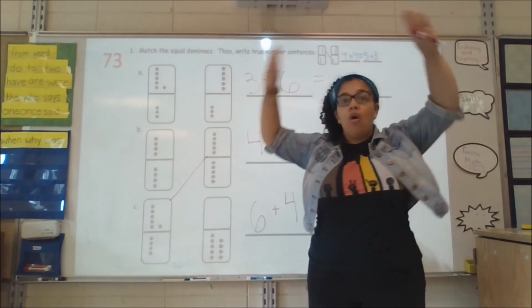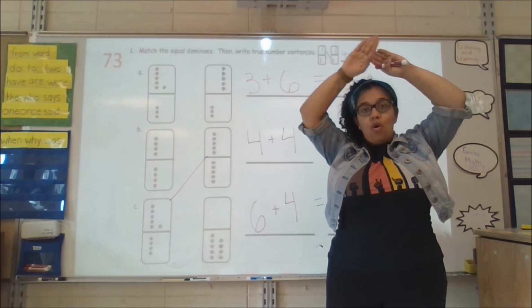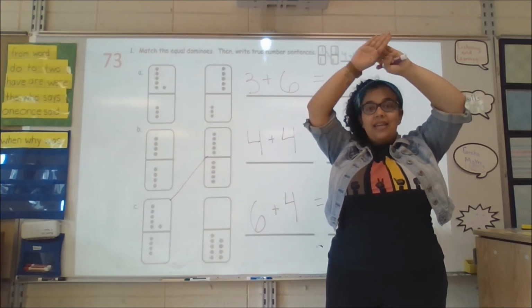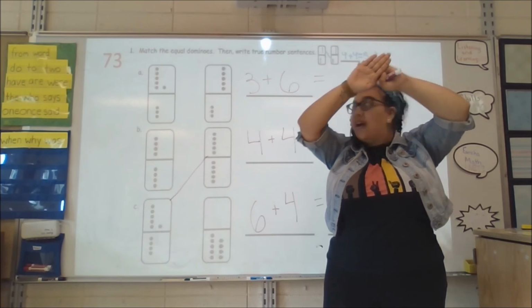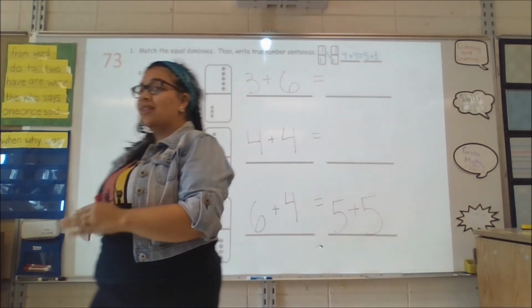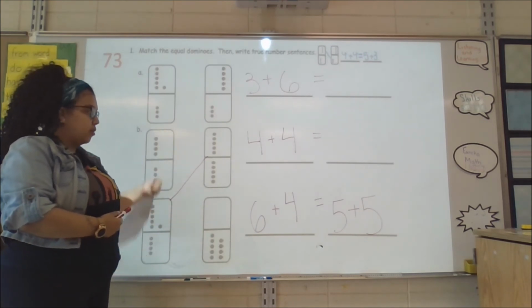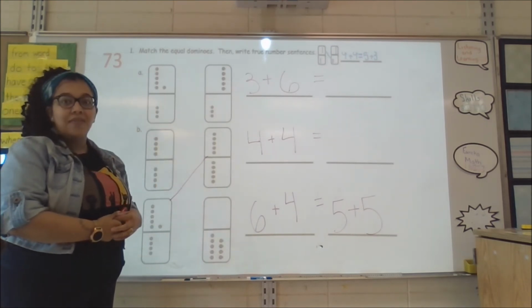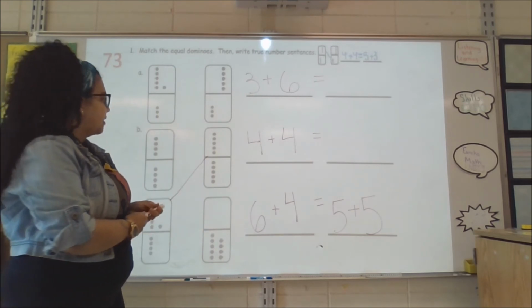Okay, earlier when we were looking for that way to make 10, we said that this domino has a total whole value of 8. That whole being 8 means that this has the same number of dots, the same value as one of the dominoes from the left. Which one on the left did we say also has a value of 8? Excellent job.